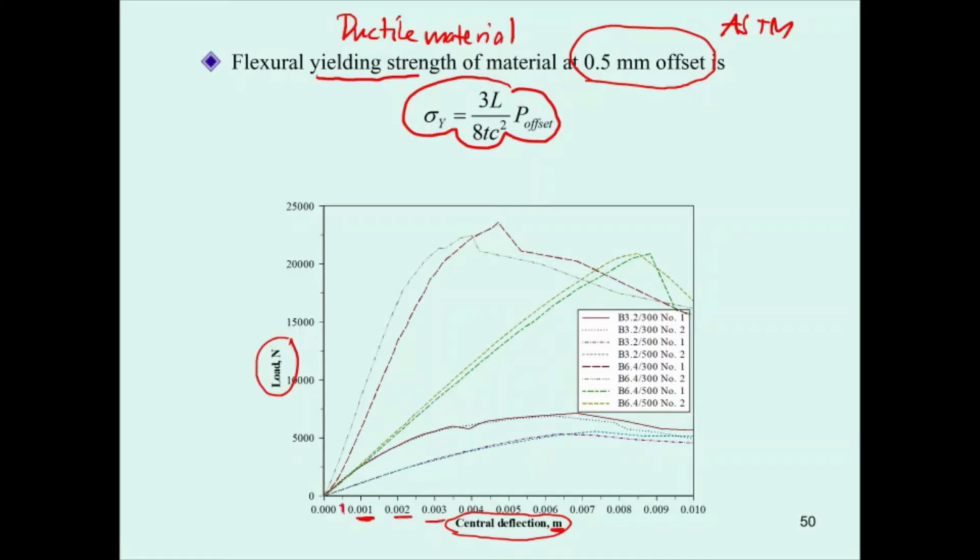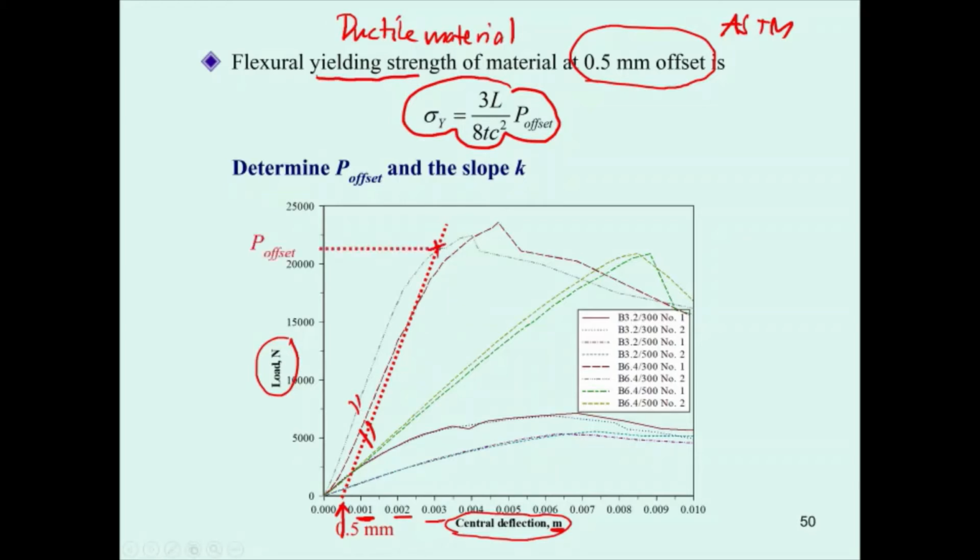So 0.5 is going to be here, and then you draw a line parallel to the first part. When this line cuts the curve at this point, you get the P offset, and then you put the P offset back into this equation. You determine the yielding stress of this material.